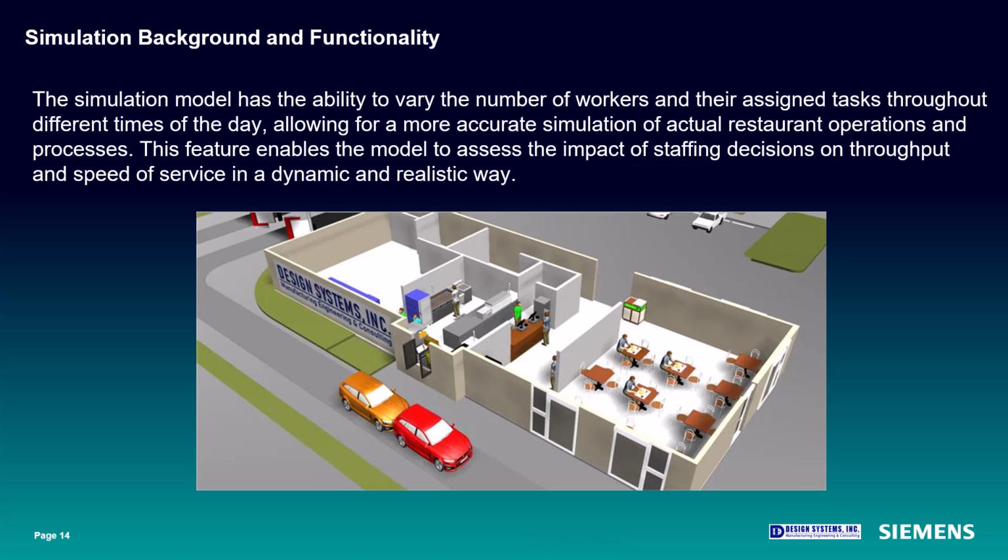This simulation model has the ability to vary the number of workers and their assigned tasks throughout the different parts of the day, allowing for a more accurate simulation of the actual restaurant operations. And this is going to enable the user to run extensive what-if scenarios to assess the impact of staffing level decisions on throughput and speed of service.